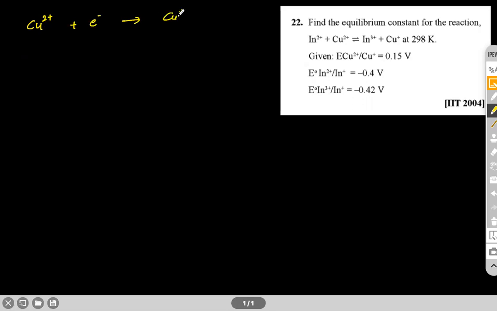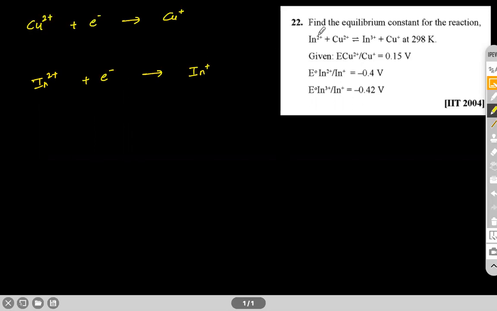This is the first reaction, and its E value is given, so we can easily find out delta G. Similarly, we can write down the other reaction, which is In2+ plus 1 electron gives In+.